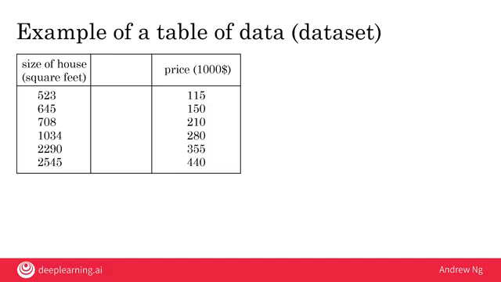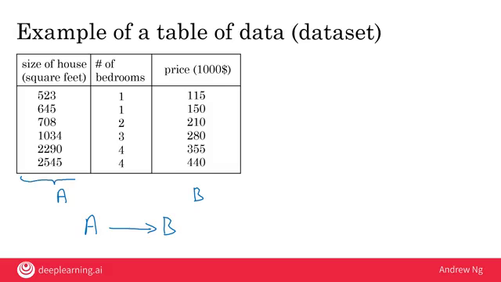And so if you're trying to build an AI system or a machine learning system to help you set prices for houses or figure out if a house is priced appropriately, you might decide that the size of the house is A and the price of the house is B, and have an AI system learn this input to output, or A to B mapping. Now, rather than just pricing a house based on the size, you might say, well, let's also collect data on the number of bedrooms of this house.